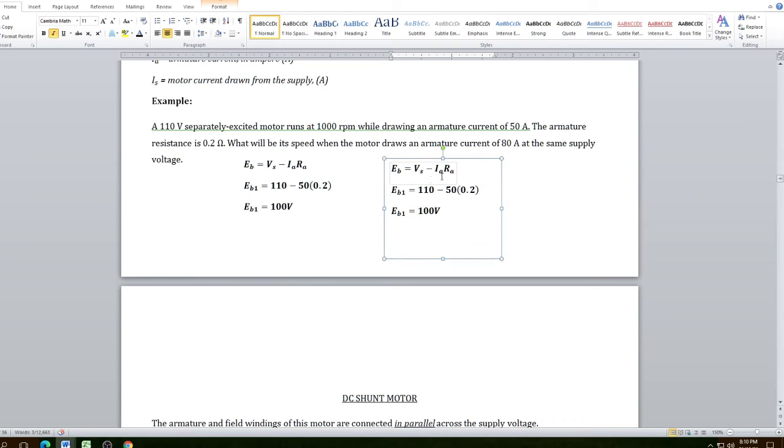What is the relationship between the back EMF and the speed? They are directly proportional to each other.